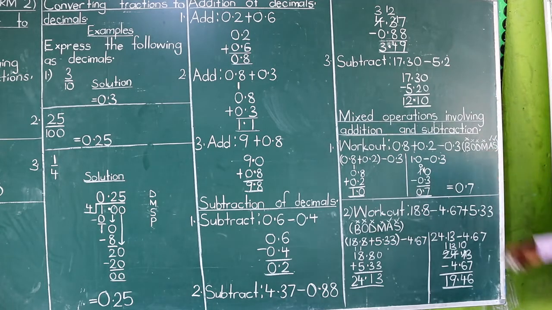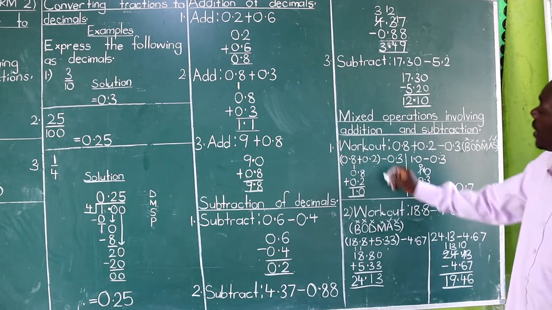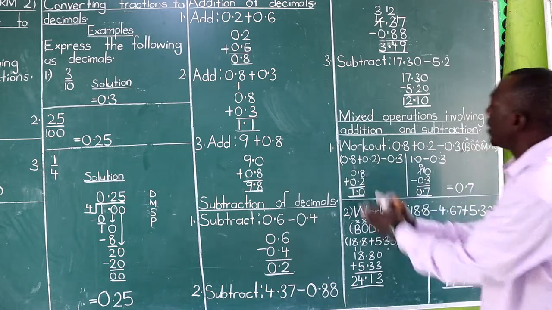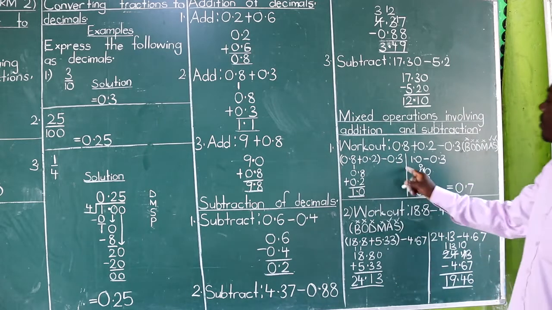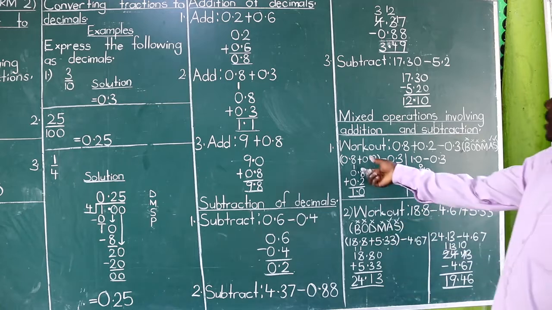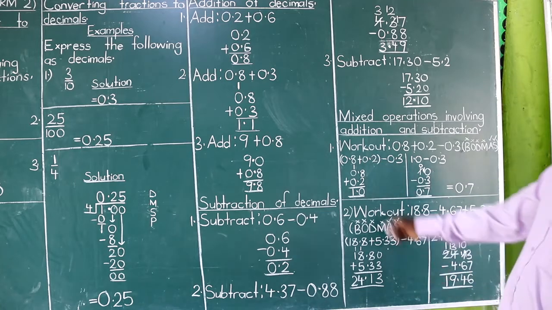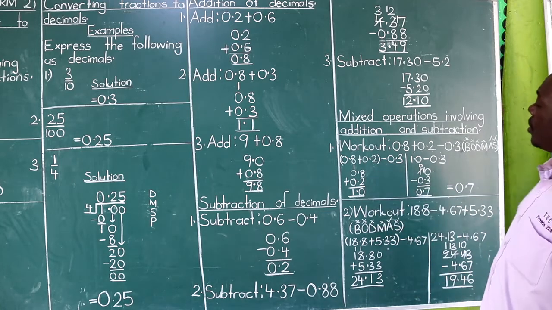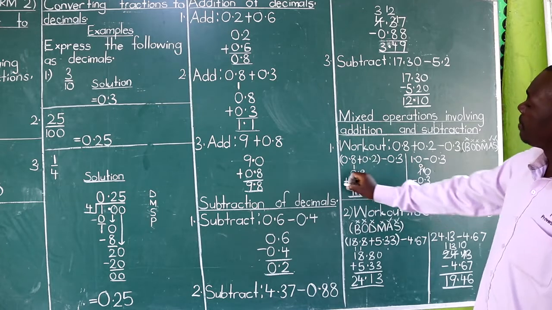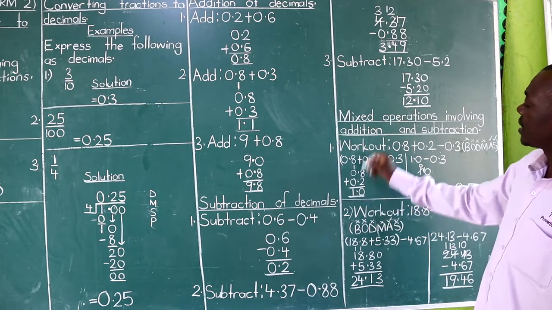Now it has been decided that you are going to start by adding. That's why you rewrite this and put this in brackets and say, I'm starting with addition. Then I will subtract later. So I add 0.8 and 0.2 first. We go point equals point equals, 0.8 plus 0.2, and then start adding.